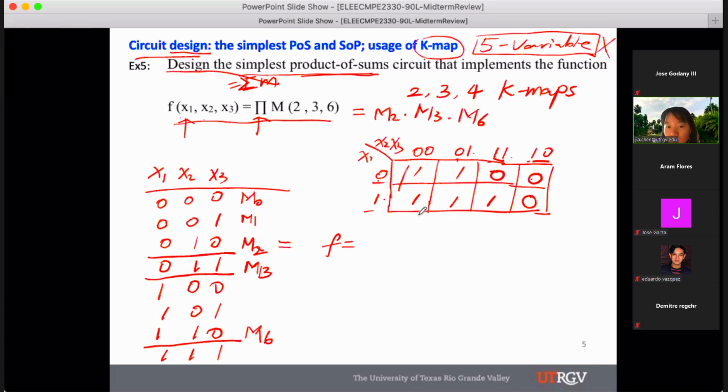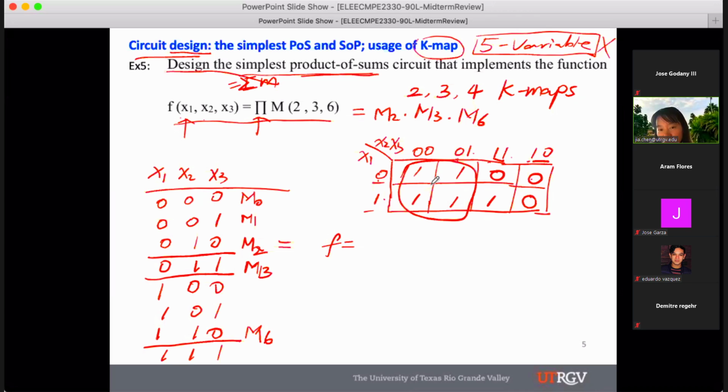So I can cycle those 5, right? Remember, when you cycle once, you end up with a product term, and you only keep the variables which share the value, and you ignore the variables which don't share the value, right? So x1 has different values. That's why x1 is out.